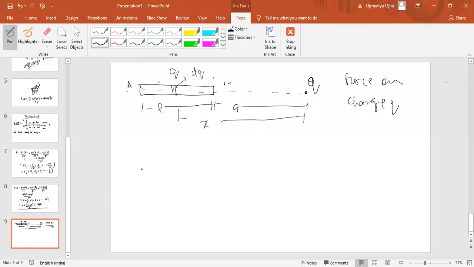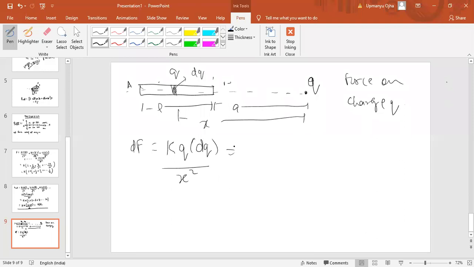Then the small force due to this point charge dq, dF, will be equal to what? k into Q into dq by x square. That is a small force due to this point charge on the rod.